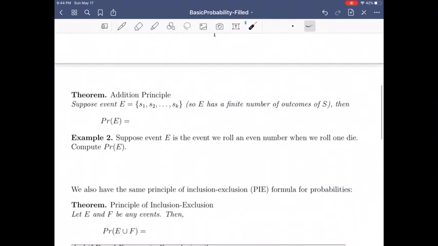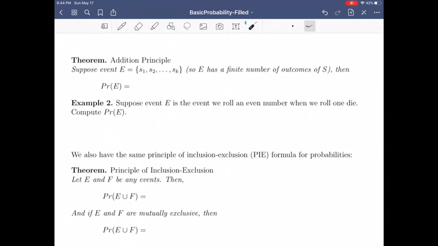Okay, so we also have the addition principle. So this is very similar to what I called, I think, the addition principle for counting. So suppose I have an event E. Now I've written it S1, S2 to Sk. It doesn't have to be the first K outcomes in your sample space.